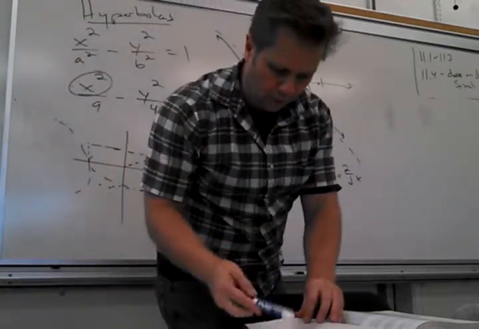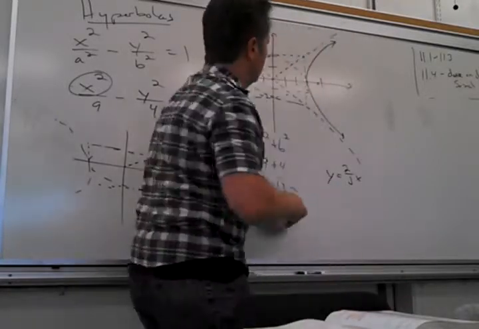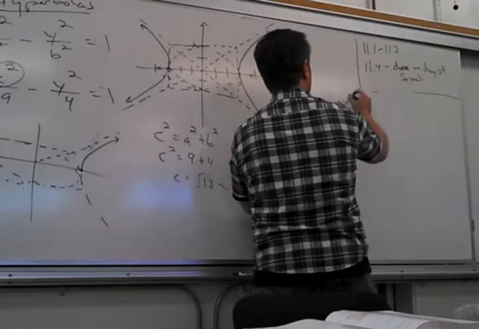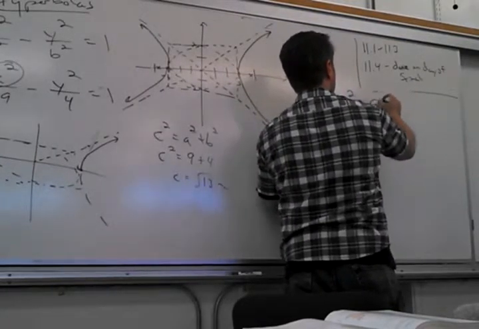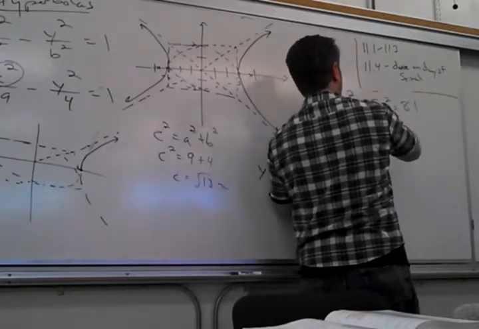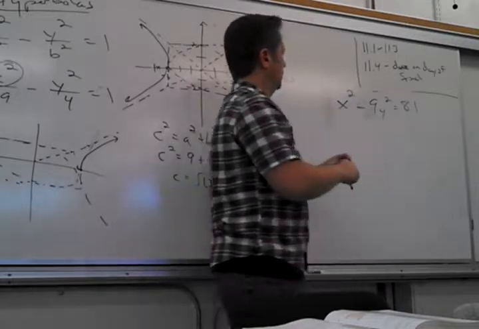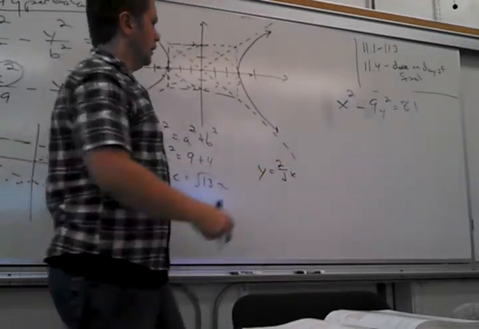So thankfully the textbook does do the rectangular method, which is always nice. So very quickly, just tell me, see if I can do this. First divide by 81. Yeah, good.